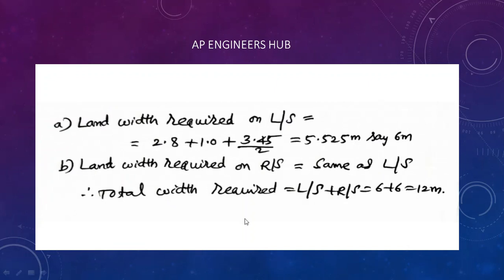Therefore, land width required on left side is equal to spoil bank bottom width 2.8 meters plus 1 meter berm plus 3.45 by 2, top width of canal by 2, is equal to 5.525, say 6 meters. Land width required on right side is the same as left side. Therefore, total width required is equal to 6 plus 6, 12 meters.